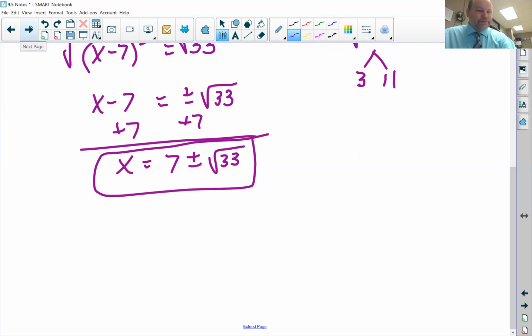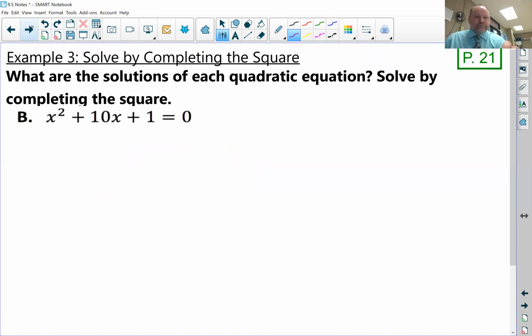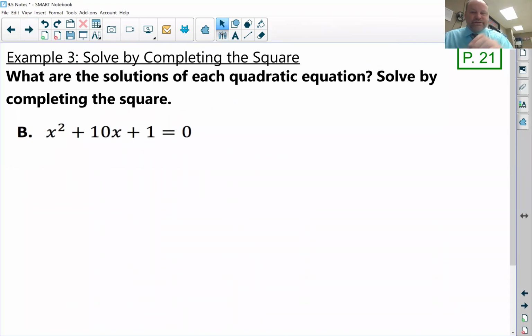All right. Let's take a look at this next example. x squared plus 10x plus 1.